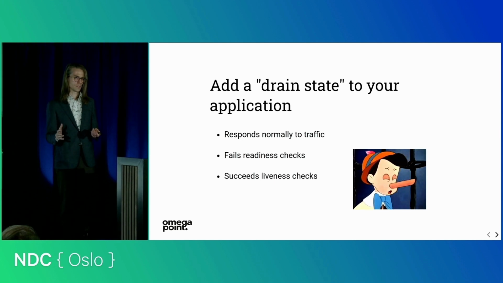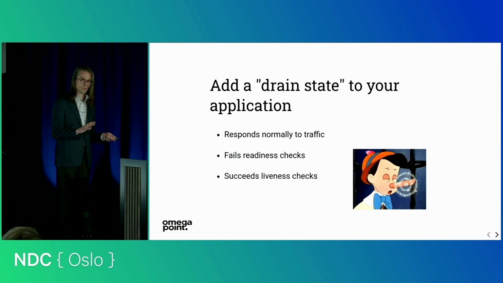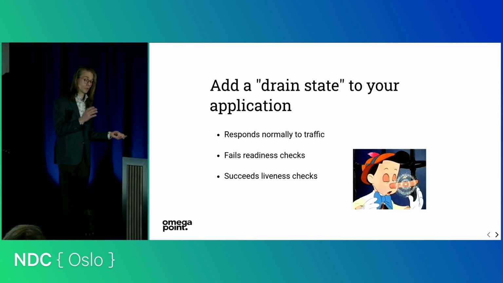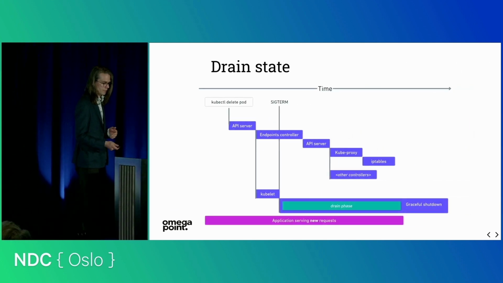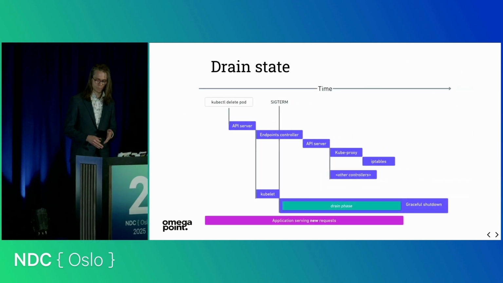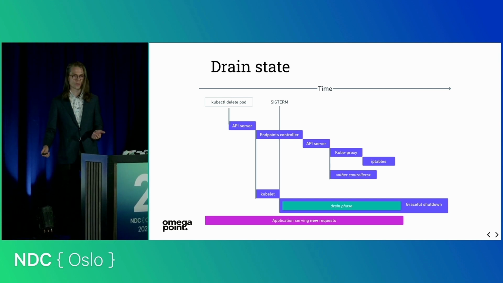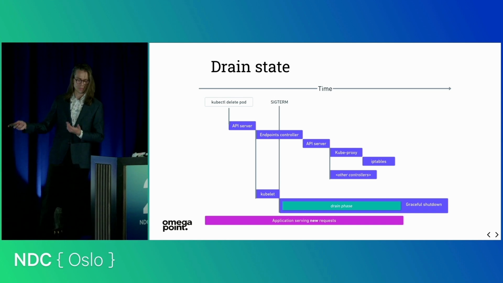So what this does is that it removes the pod from the endpoints before it can actually stop receiving traffic. So this looks a bit like this in the diagram, where it postpones the graceful shutdown and postpones the ending of serving new requests until the IP tables or the routing has been updated.